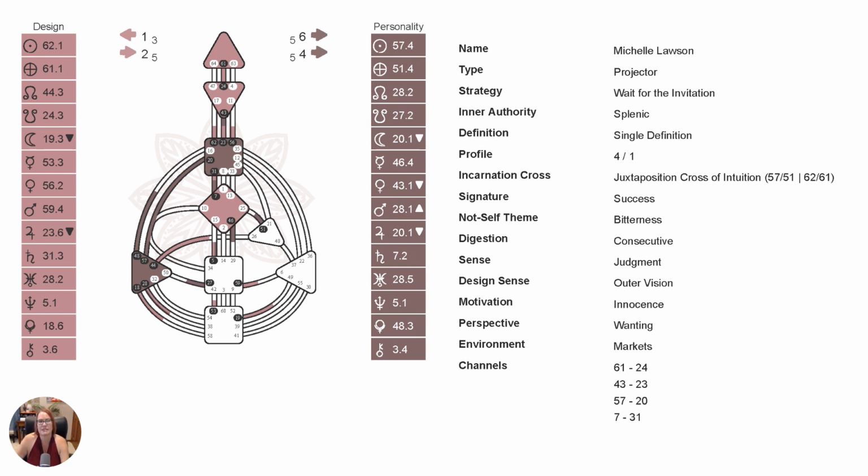All the other things, from digestion down to environment, those are all variables, and that is a whole other situation. So, if you ever want to do multiple readings, I offer that because I have some people who really want to spend time in one part, and then another one they want to spend on understanding the planets with the gates and so on.